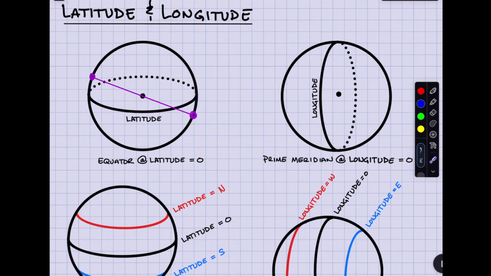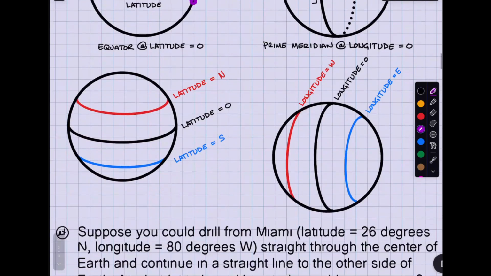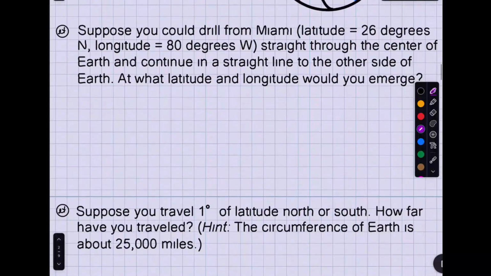Right? So with that being said, that means my latitude, instead of 26 degrees north, is going to be the same degree, but south. Everybody see that? Okay. Now, the 80 degrees west.